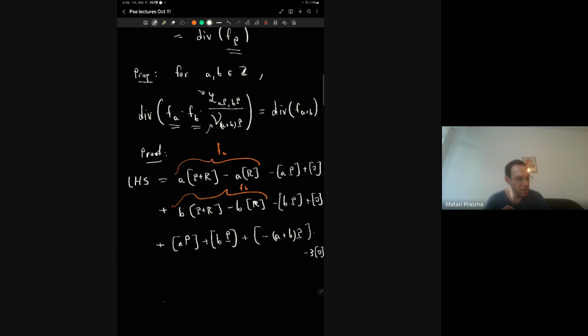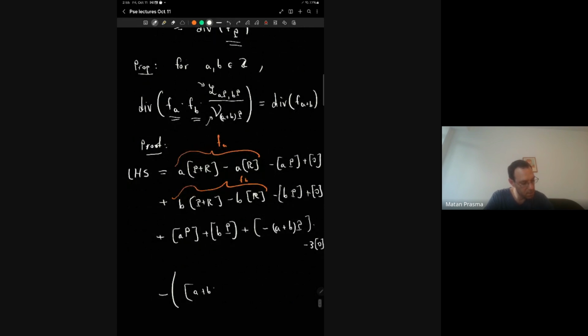And then I need to subtract the divisor of the vertical line at the point A plus B P. And that divisor is A plus B P. So let me just write it like this.